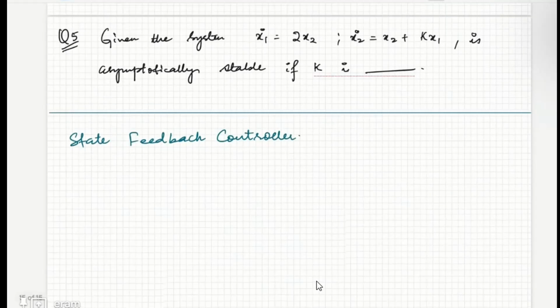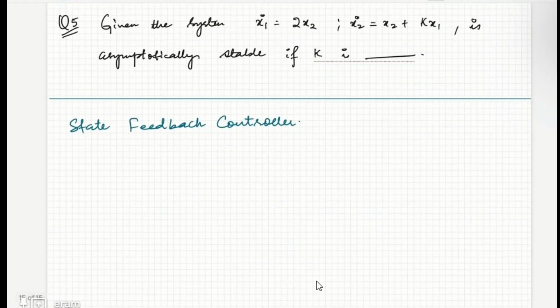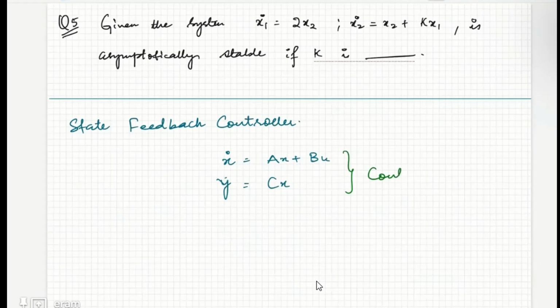Okay, so let's start with a linear time invariant system, x dot equals Ax plus Bu. We can take any y as Cx. Now it is given that this system is controllable.